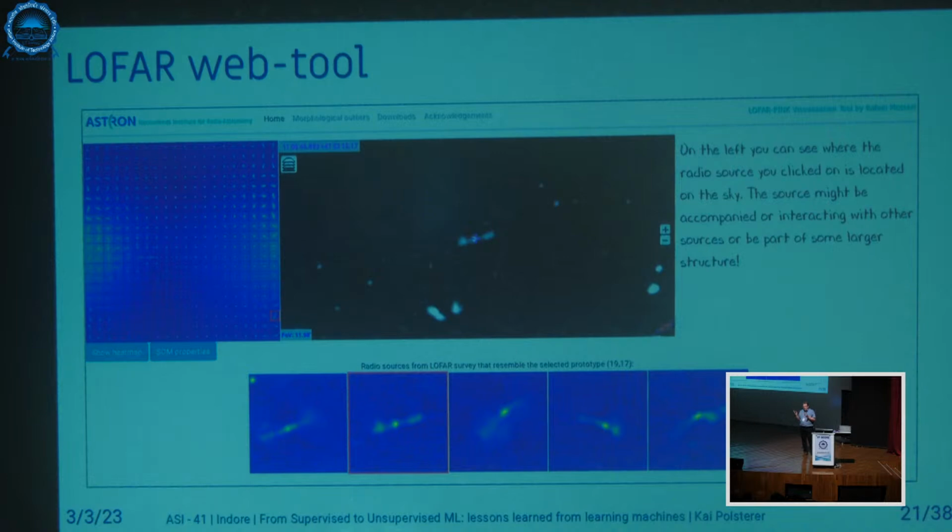We found, together with people from Perth, with Tim Galvin, some giant radio galaxies, so the sources that spread physically over orders of a megaparsec, so really large sources.